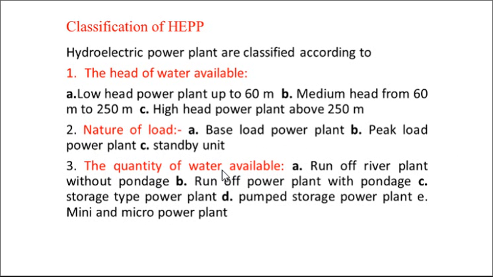Then the third factor is the quantity of water available: runoff river plant without pondage. I told you runoff is nothing but quantity of water available. Then runoff river plant with pondage, then storage type of power plant, next one is pump storage power plant, and last one is mini and micro power plant.